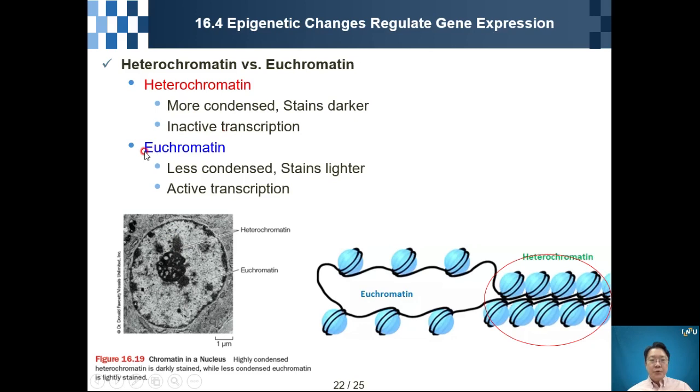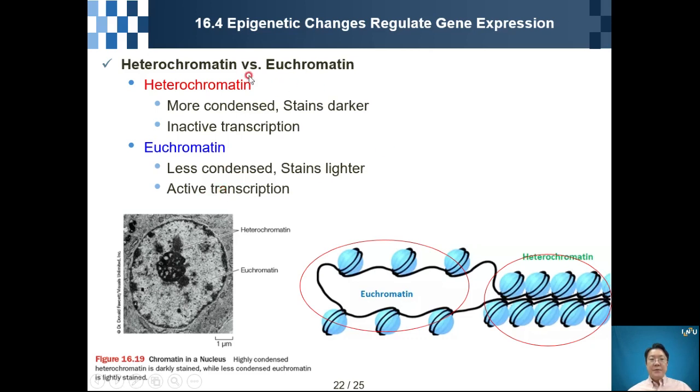However, euchromatin means that they are less condensed. If we stain the euchromatin, there is no staining like this. They stain very light. In the case of euchromatin, active transcription happens.